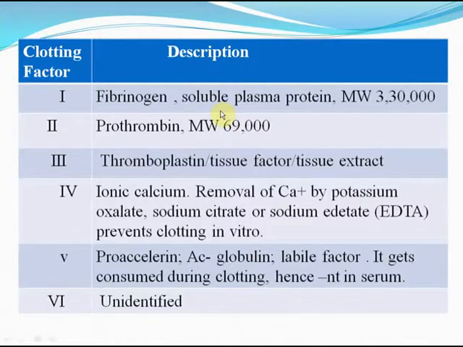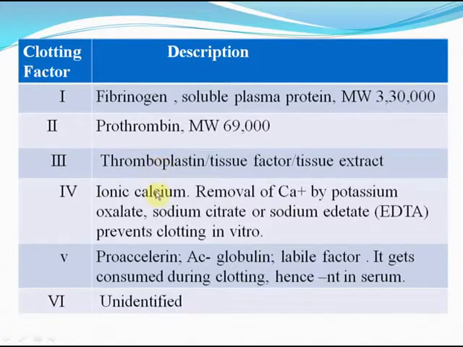It's a plasma protein that converts into fibrin when blood clots. The second is prothrombin, a protein present in blood plasma that is the inactive precursor of thrombin. Third one is thromboplastin, which is an enzyme liberated from blood platelets that converts prothrombin into thrombin as blood starts to clot.